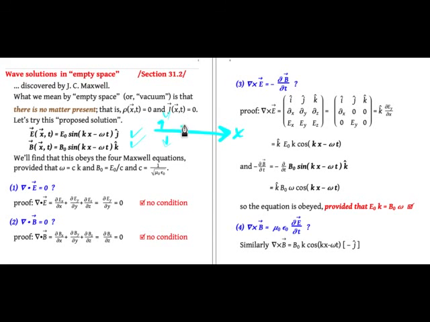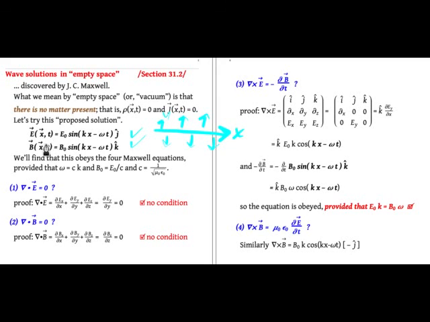And then a little further along in the wave, it points in the plus y direction. And a little bit further along, it points in the minus y direction, and so on. So you see there's a sinusoidal variation of the electric field, sinusoidal dependence on position. All right, that's the electric field.